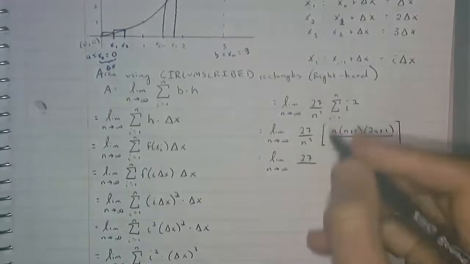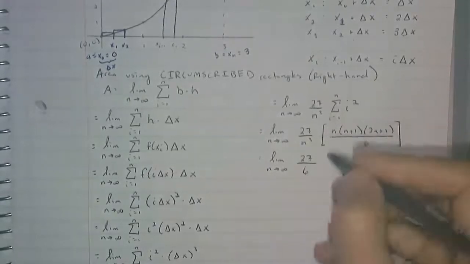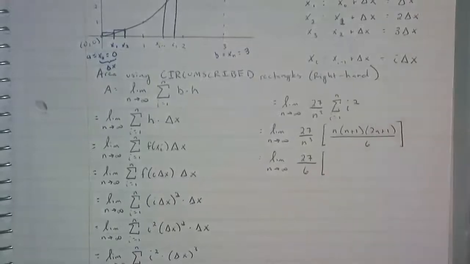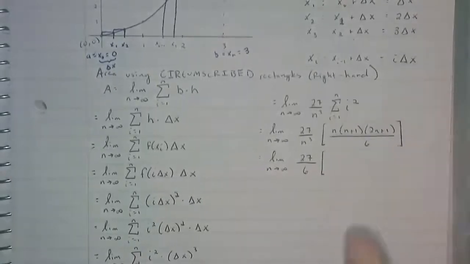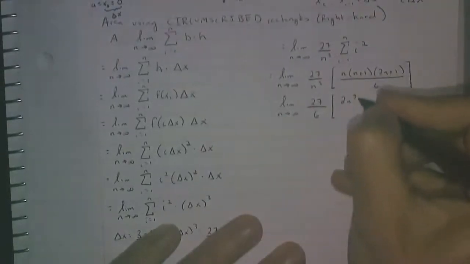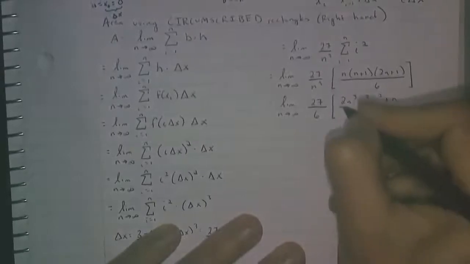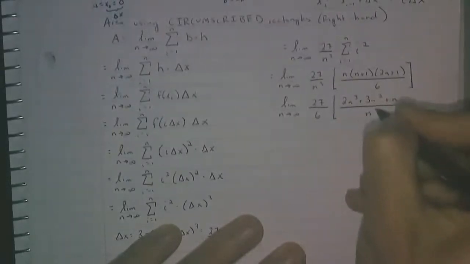I'm going to do 2 things at once. 27 over 6 times, I feel like I should have this memorized, but I don't, 2n cubed plus 3n squared plus n, divided by n cubed.